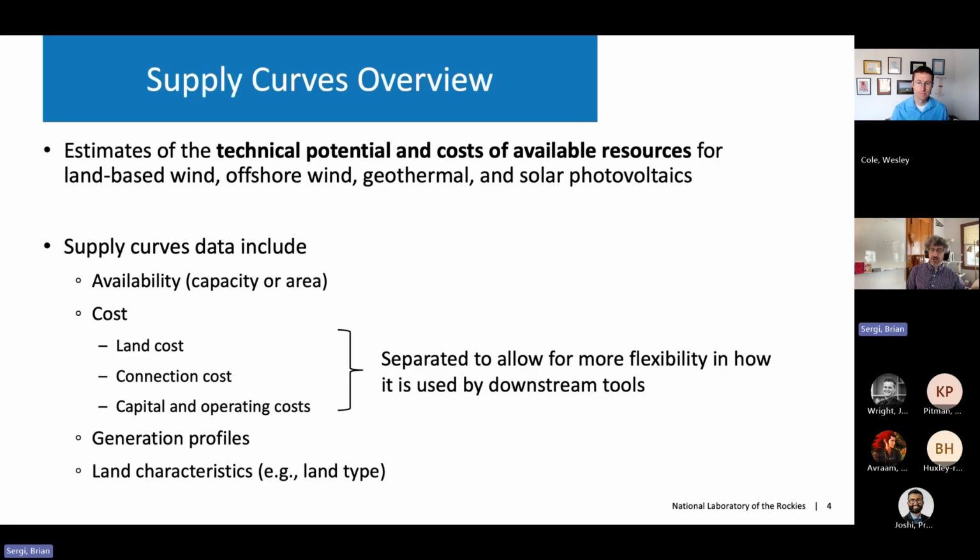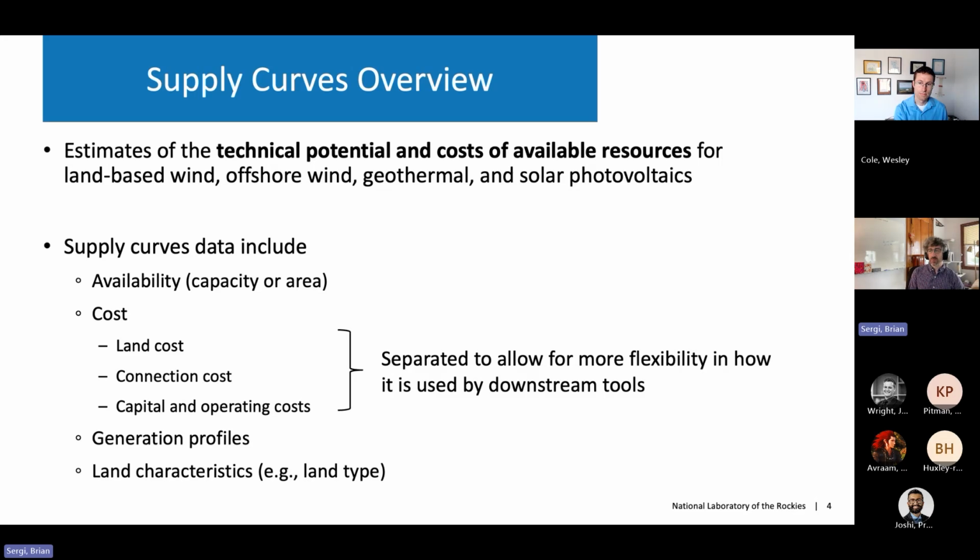Another piece here is then generation profiles. For each available site where you could deploy capacity of any of these technologies, we have a lot of detail on the resource availability over time, and I'll talk a little bit more in detail on this in the next slide. And then a final feature here is the land characteristics.